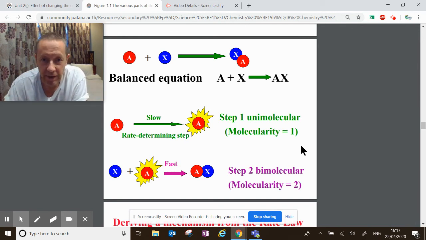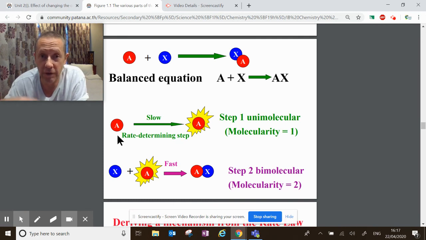Why? Let's just break it down. Now, this particular chemical reaction, this theoretical chemical reaction here, takes place in 2 steps. The first step only involves reactant A. And look at the fact there's 2 steps here. This one, we describe as being the slow step.